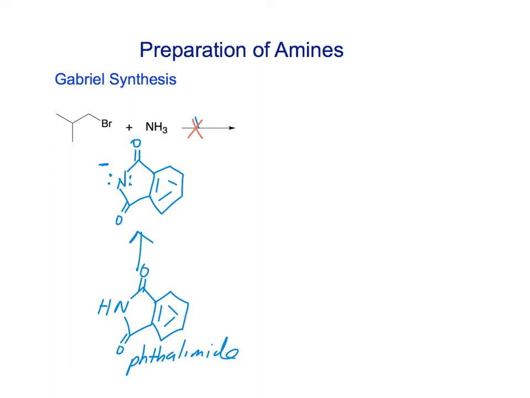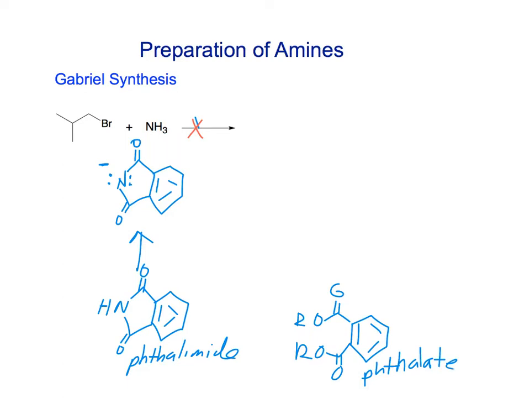Which comes from, well, we'll get there in a minute. We could do this. So these types of compounds that have esters on here instead of that kind of amide type of thing are called phthalates.